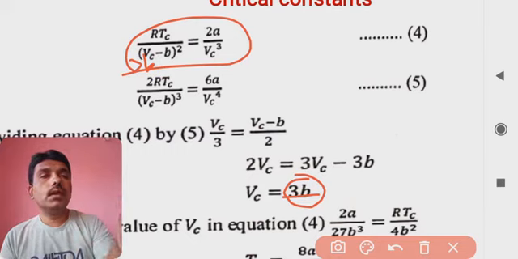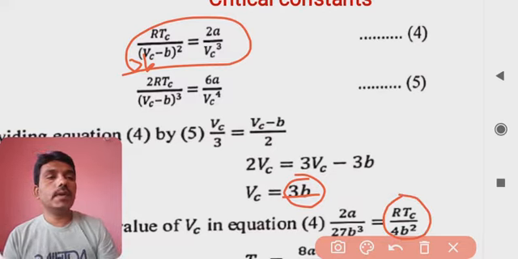That will be RTc divided by 4b square. So here we have RTc divided by 4b square.